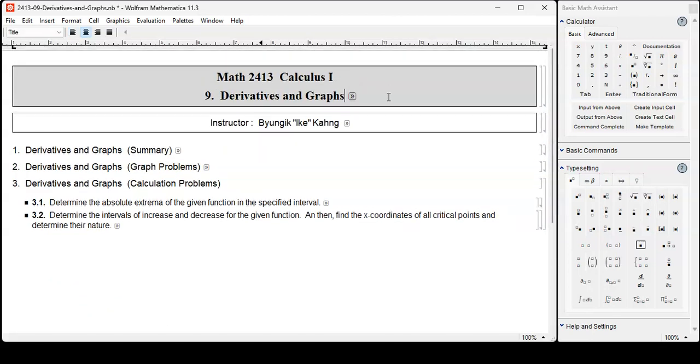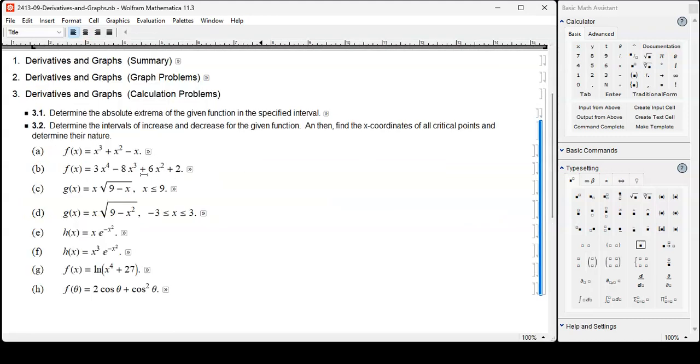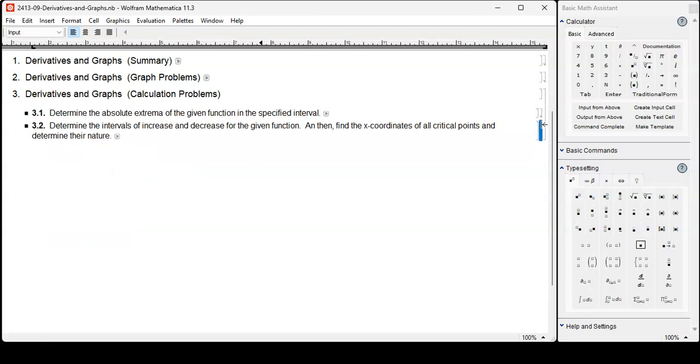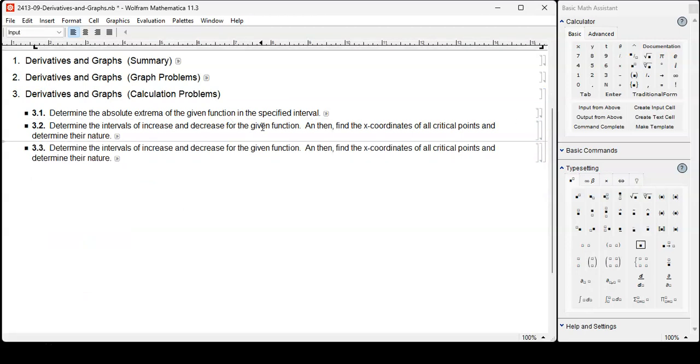We went through all those relative extrema problems I prepared here for this notebook, but just a little bit more, for only these two problems, let's consider intervals of concavity and then find the x-coordinates of all inflection points.